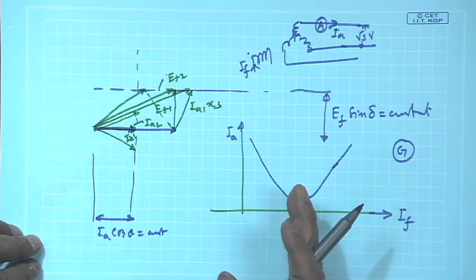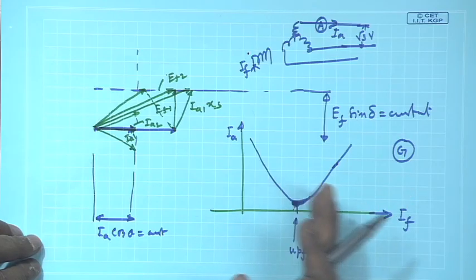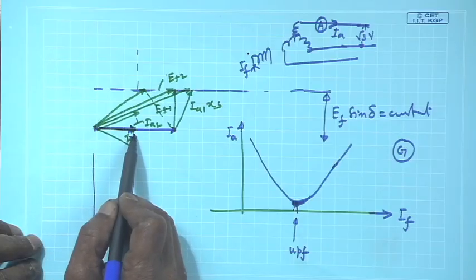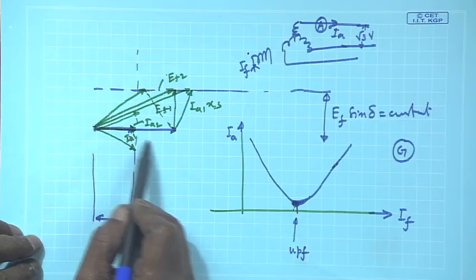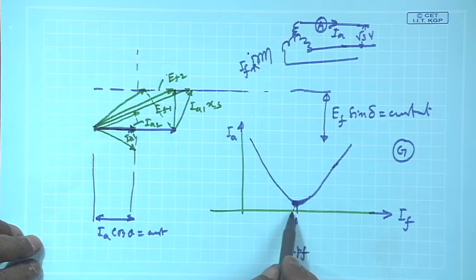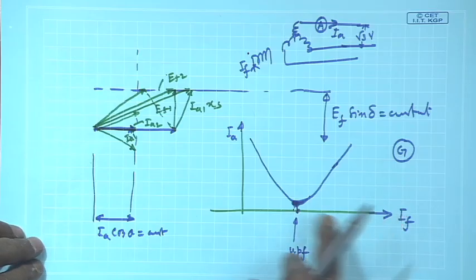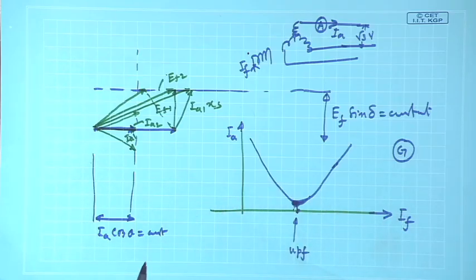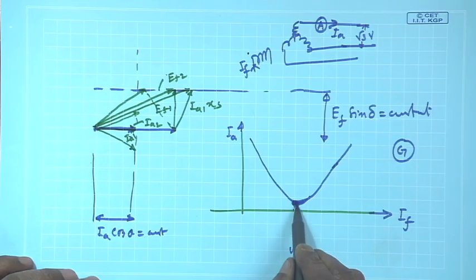when the excitation is increased from the unity power factor point of view. So, any deviation of field current from the value which makes the machine operate at unity power factor, then the armature current drawn will be more, minimum being at unity power factor.